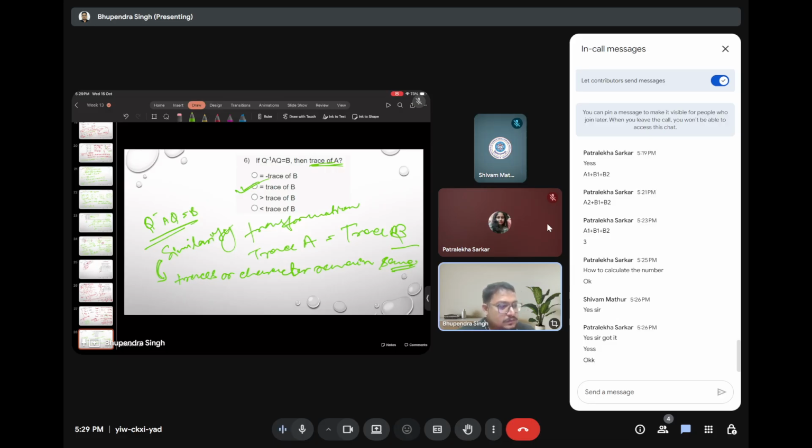That's why all the symmetry operations belonging to the same class have the same character or trace.